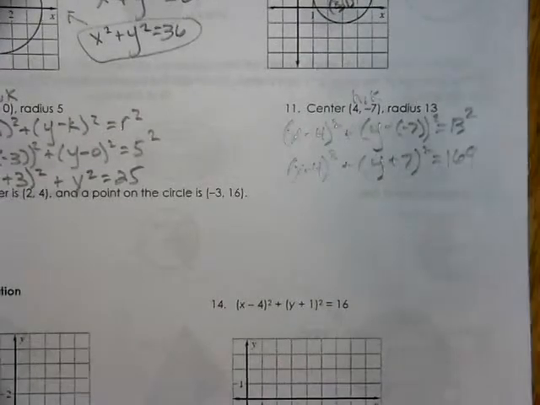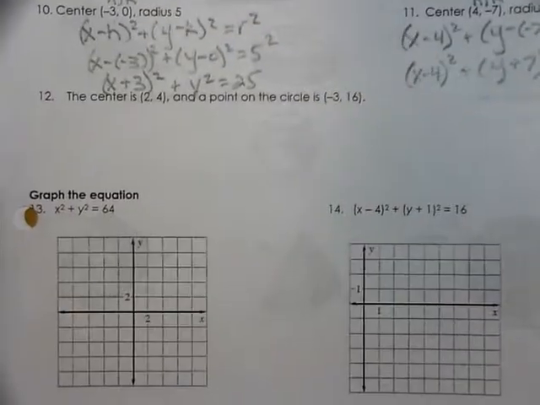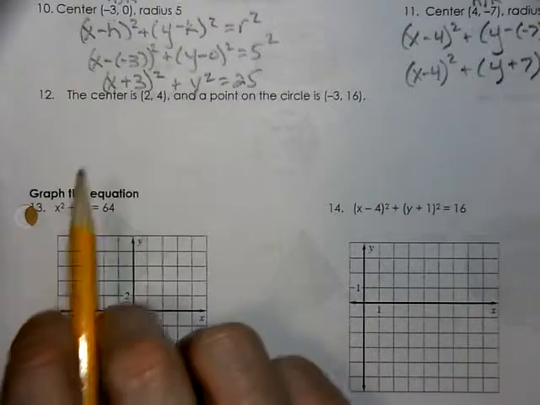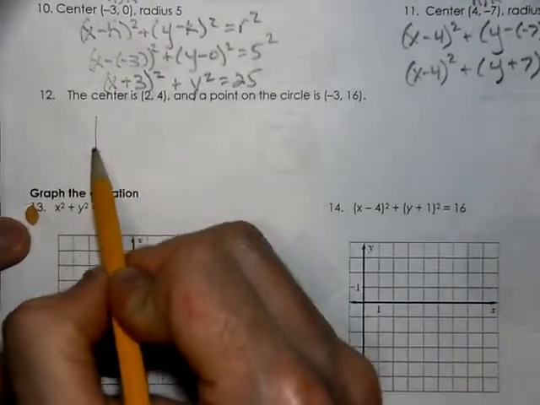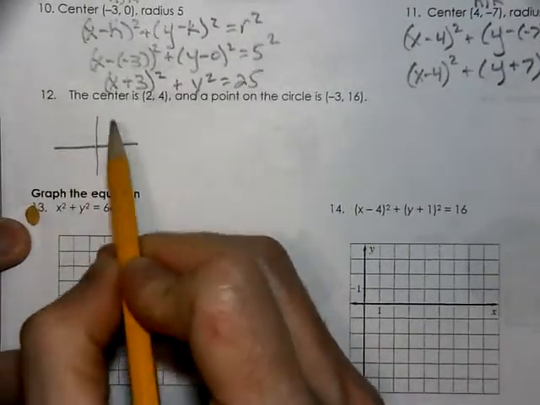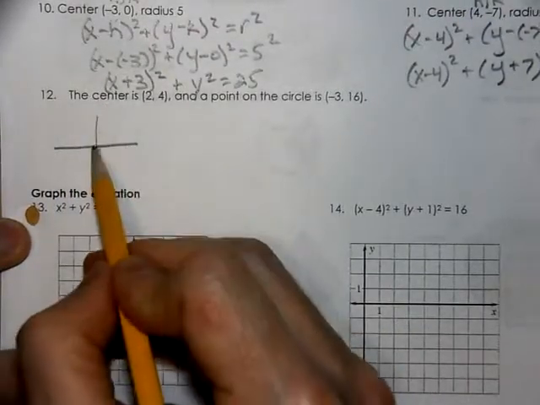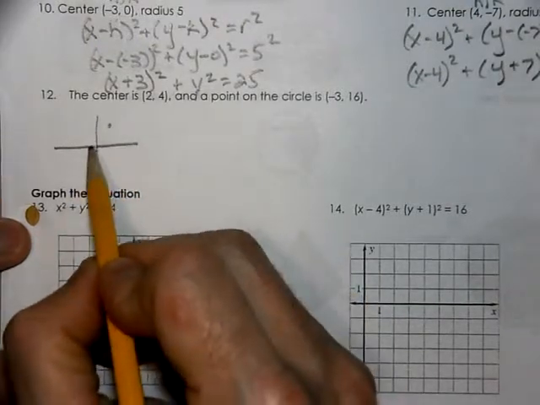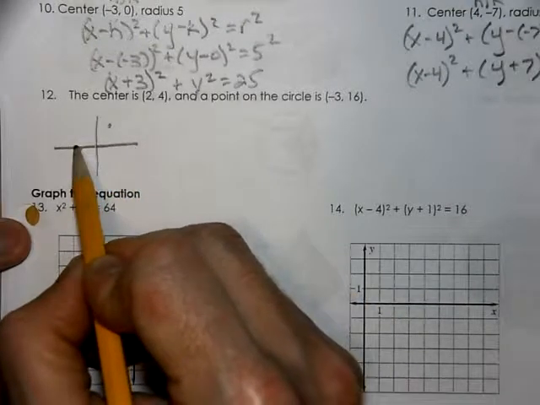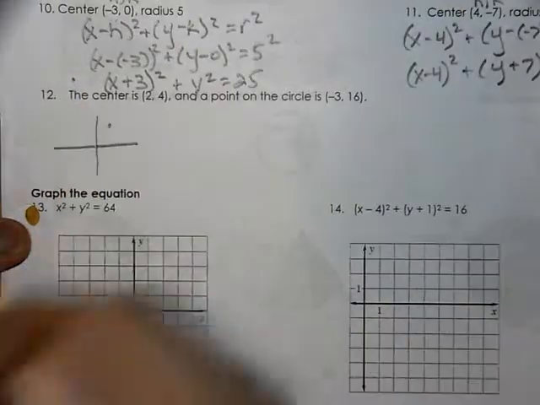So you have your equation. Now we have our center, and we have a point that's on the circle. Let's take a look with a small sketch what that would mean. We're over 2 and up 4. We have another point that is over 3 and up 16.